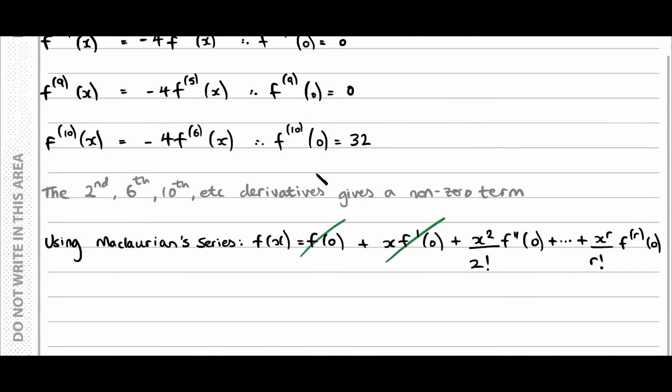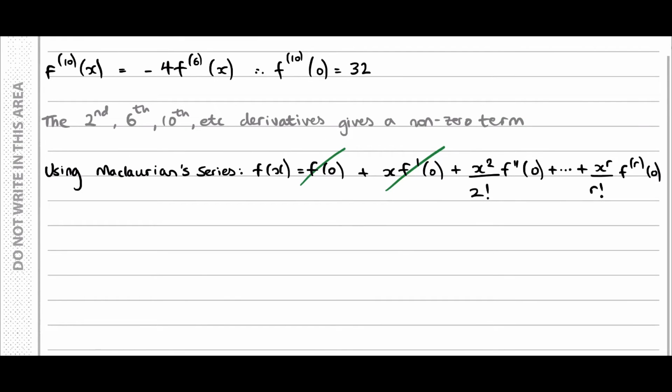So we can say over here that f of x is equal to x squared over 2 factorial multiplied by 2 plus x to the power of 6 over 6 factorial multiplied by minus 8 plus x to the power of 10 over 10 factorial multiplied by 32. We can of course obtain higher order terms, but there's no need.